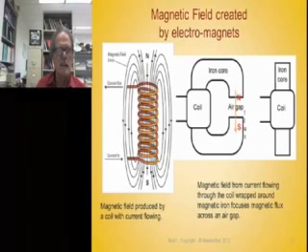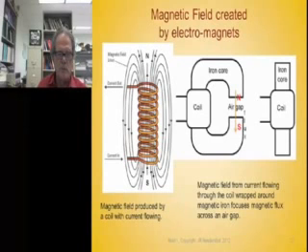Let's take this conductor, and let's wrap a bunch of turns into a coil like this. You could wrap this around a broomstick handle and pull the broomstick out of this coil of wire. And so if you put a voltage across there, you get a current to flow inside that wire, and you get flux, a magnetic field that rotates toroidally like a donut around each one of those conductors.